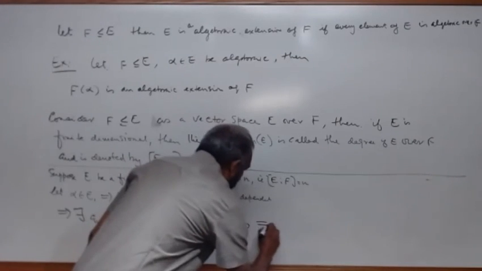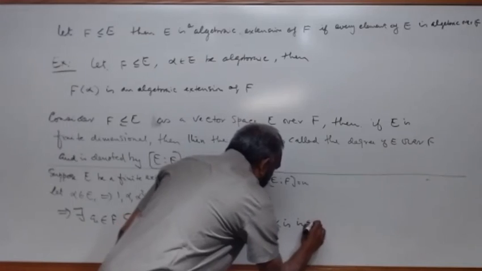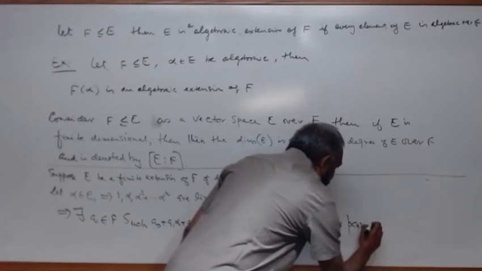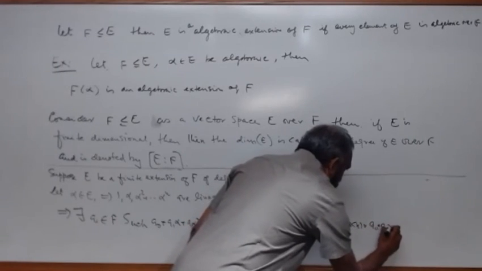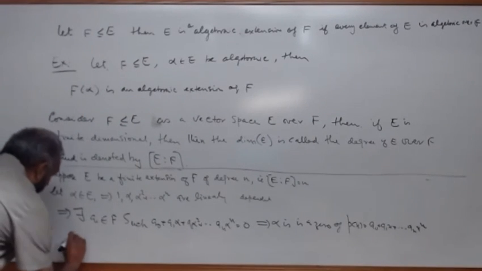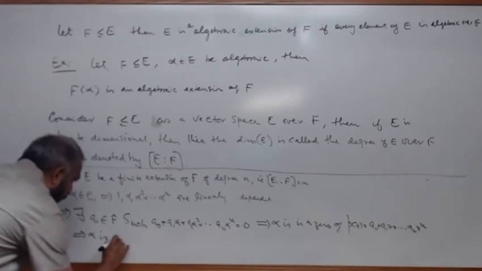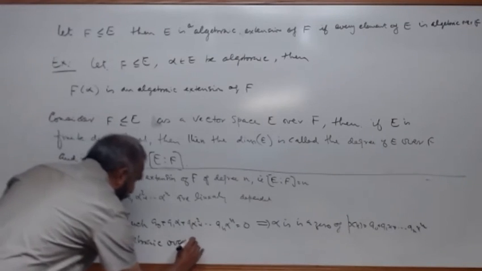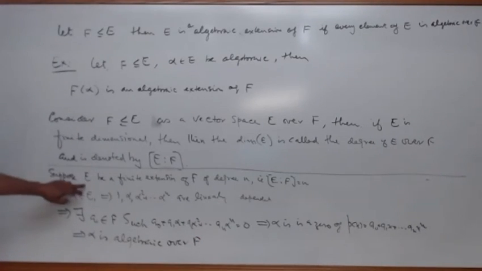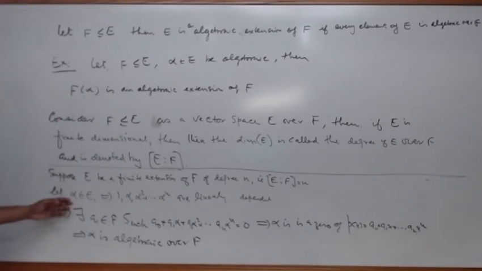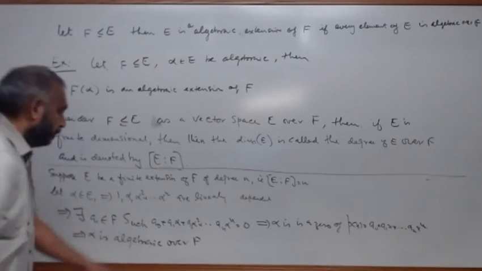And that implies alpha is a zero of p(x) equals a0 plus a1x plus up to an x to the power of n. And what does that mean? That means alpha is algebraic over F. So if E is a finite extension, it has to be algebraic, because every element of E is algebraic over F.